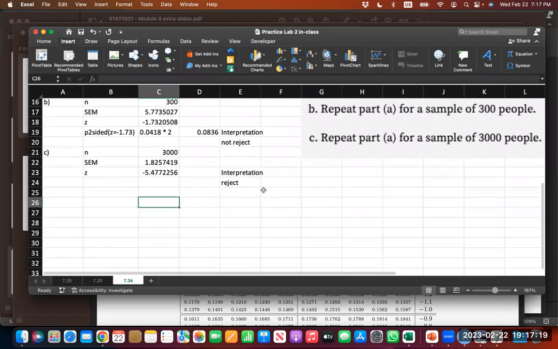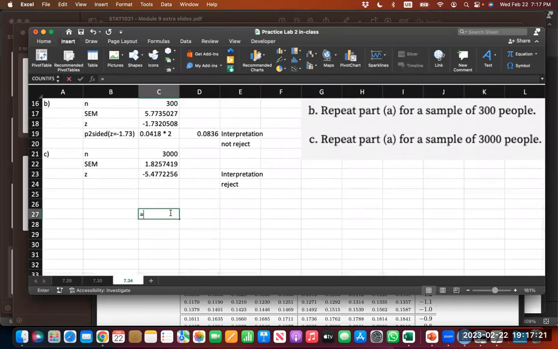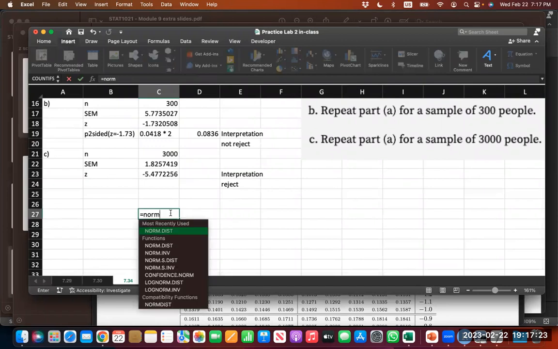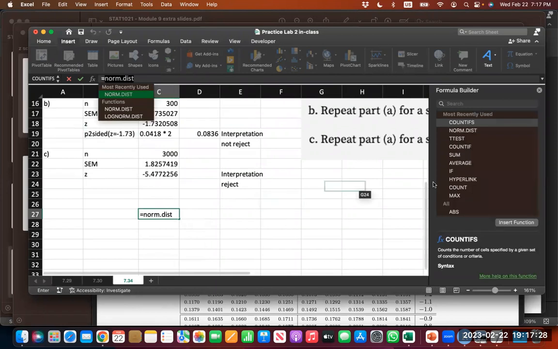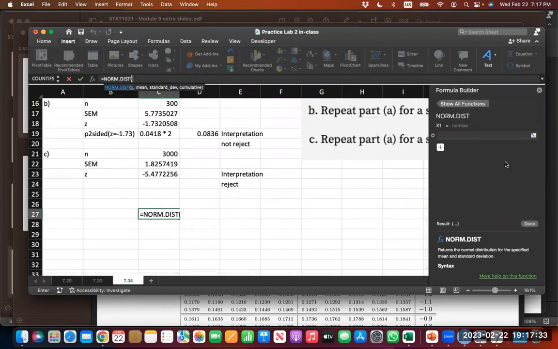Last thing that I just want to show you quickly is norm.dist. The reason why I'm showing you that is because you can essentially quantify for each value that you're interested in.